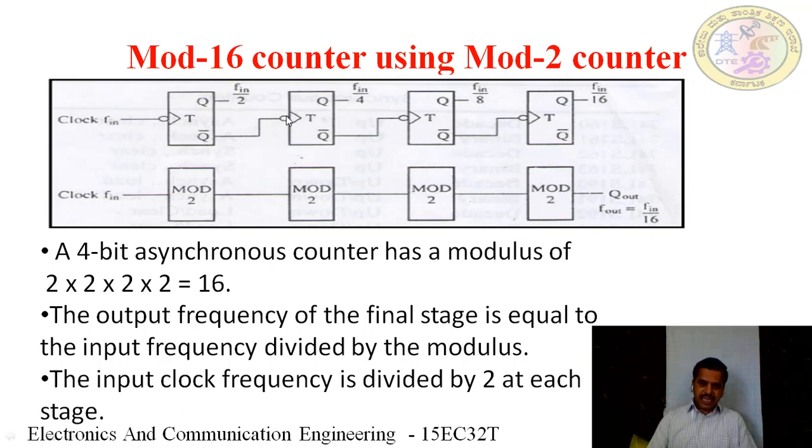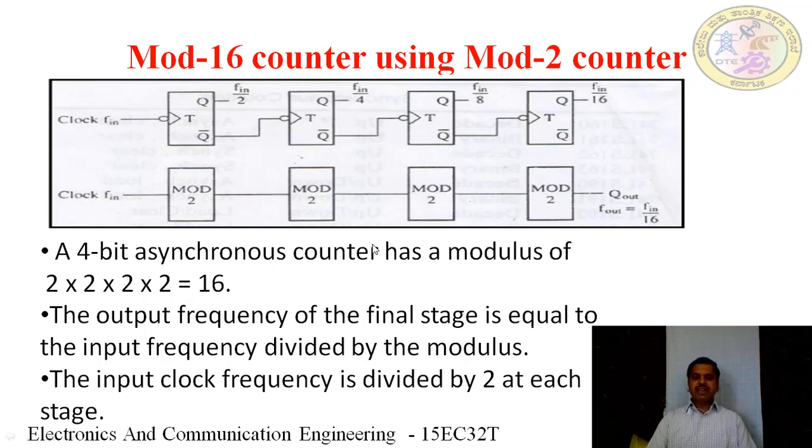For every stage, the frequency is divided by 2. Next stage, frequency is divided by 4. Next stage, frequency is divided by 8. And next stage, frequency is divided by 16. At every stage, the frequency is divided by 2. A 4-bit asynchronous counter has a modulus of 2 × 2 × 2 × 2, equal to 16.